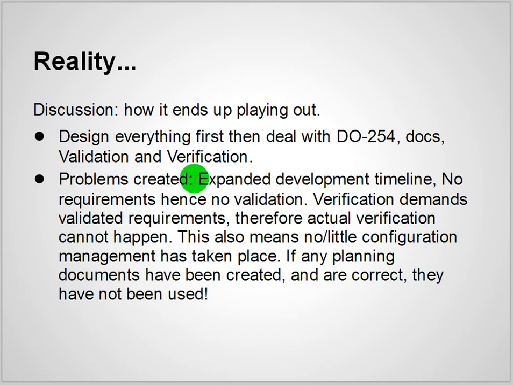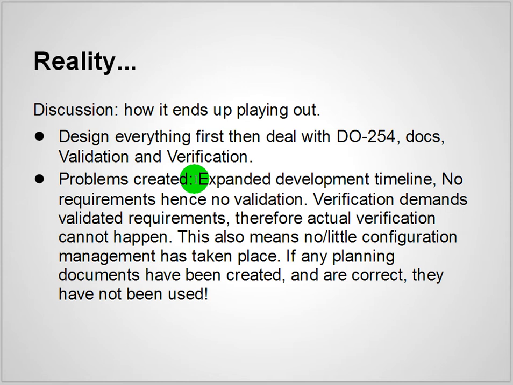Well, number one is that your development timeline that has been well documented, I'm sure, by management for financial reasons, will be extended. It is not an if, it will be. Why? Because the rigors of DO254 demand that you give it its due attention.